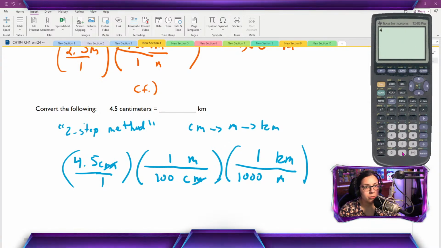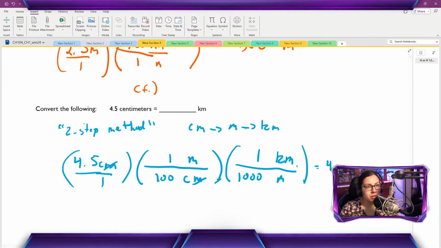And so now we can do 4.5 divided by 100. Divided by 1,000. And so that gives us 4.5 times 10 to the negative fifth kilometers.